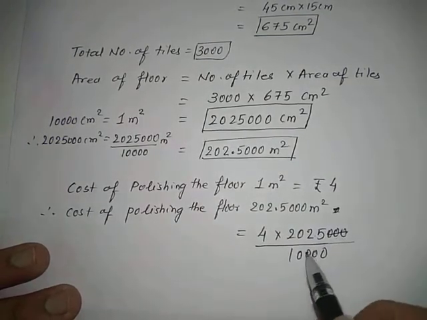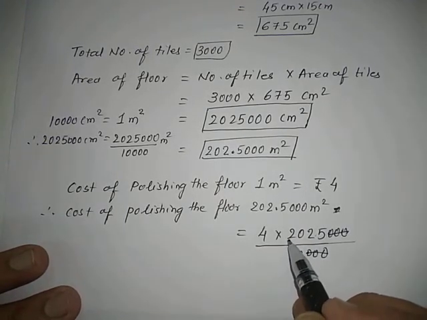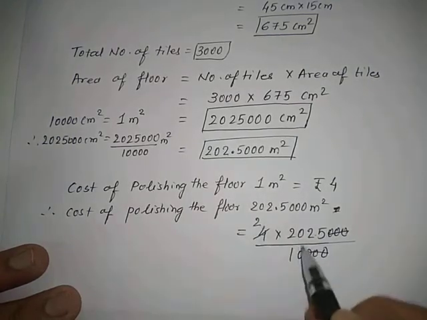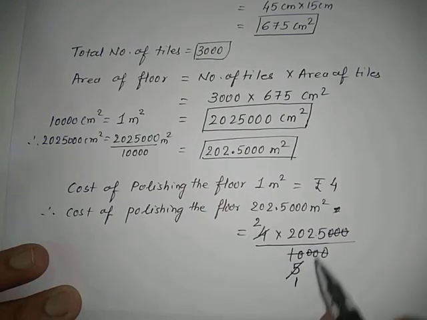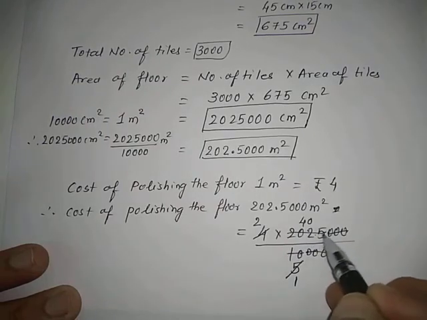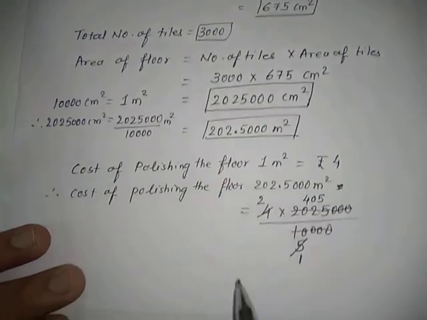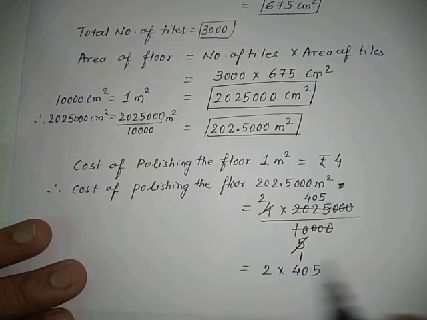So the zeros get cancelled. Now I can just cancel this one also. So 2 twos are 4 and 2 fives are 10. With the help of 5, I can cancel this one also. In reduced form, 5 ones are 5, 5 fours are 20, and it will become 25. 5 fives are 25. So now it is 2 multiplied by 405 rupees.